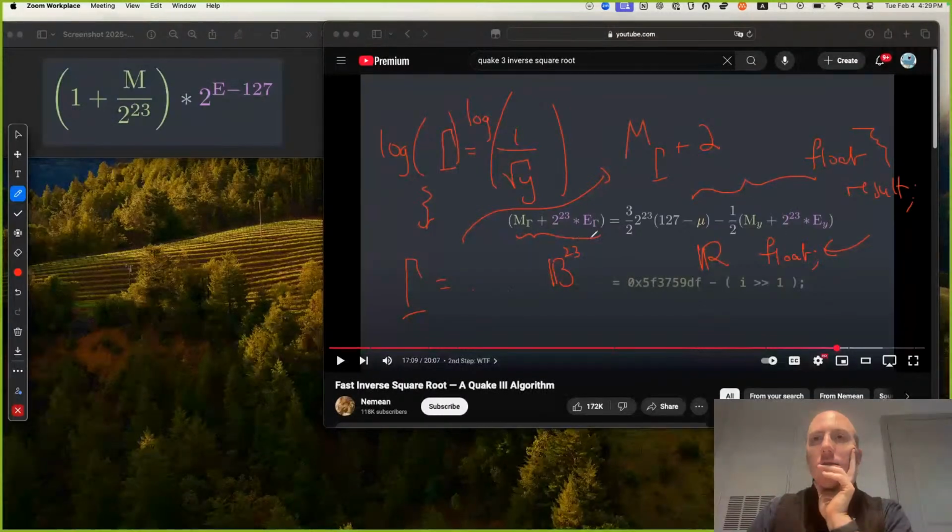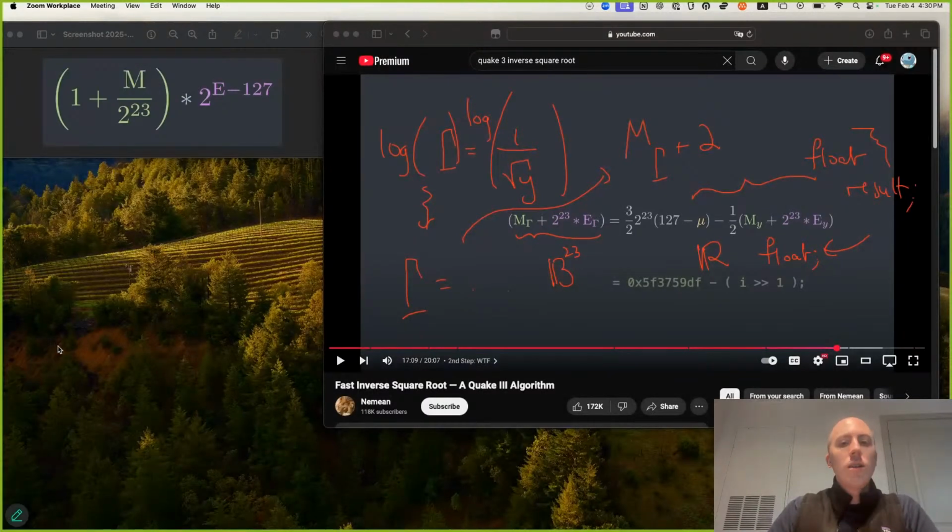Yeah, it's so weird. Okay. So you do compute this float, and then those are the bits. Oh well. Till next time.